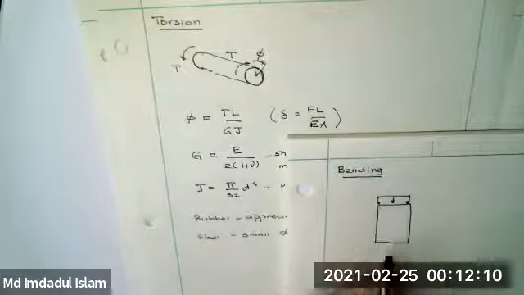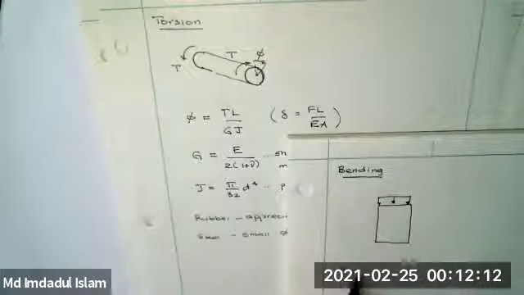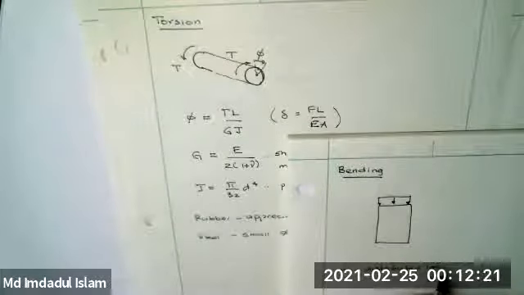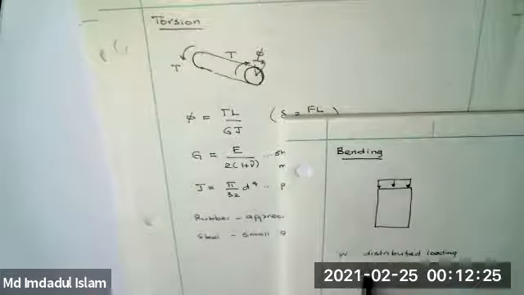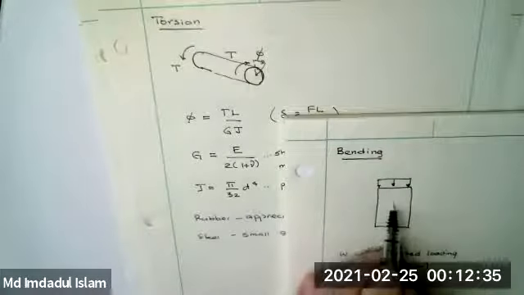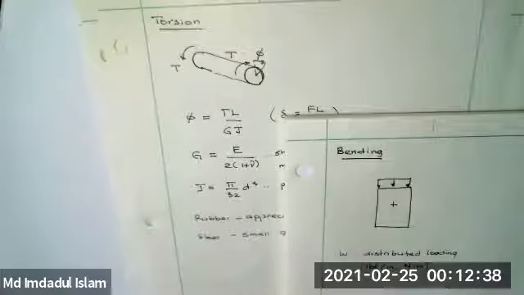There can also be concentrated loads, but W is a distributed load. So its units would be pounds force per inch, Newton per meter, something like that. And it's positive when it acts down. That produces a shear force.